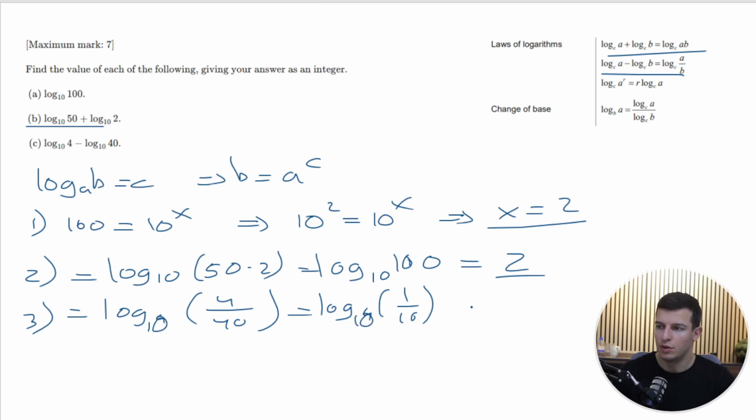Now 1 over 10 is basically 10 to the power of negative 1, so this is going to be negative 1. If it doesn't make sense, think about it for a second. So log base 10 of 10 to the power of negative 1 is equal to x, and then you can write 10 to the power of negative 1 equal to 10 to the power of x. And from there you know that x is going to be equal to negative 1.